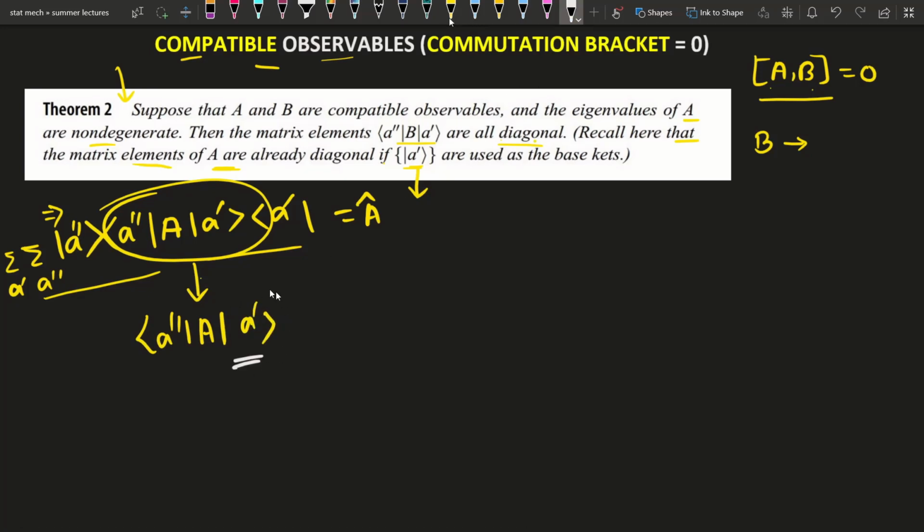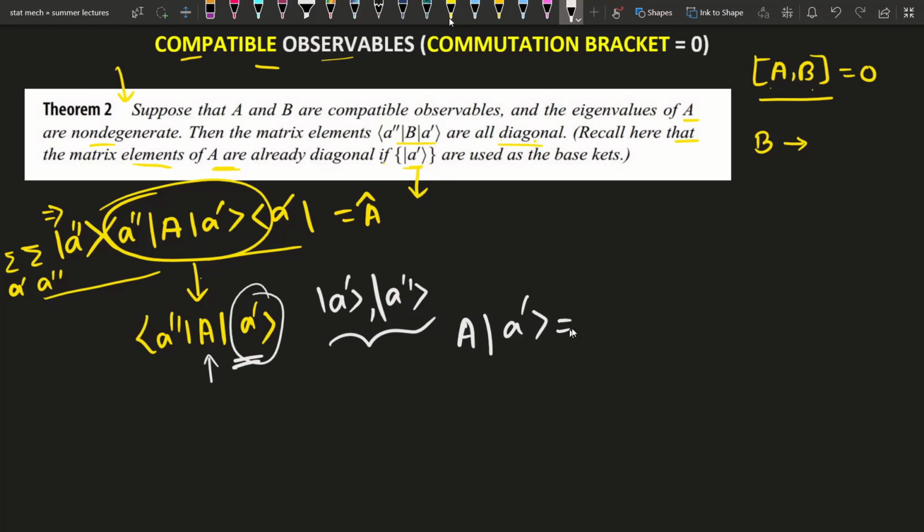Now if these basis kets with which the operator A is defined or expressed, like A dash, A double dash, these are basis kets. If these basis kets are the eigenkets of the operator A, eigenkets meaning mathematically some eigenvalue lambda times this, right?